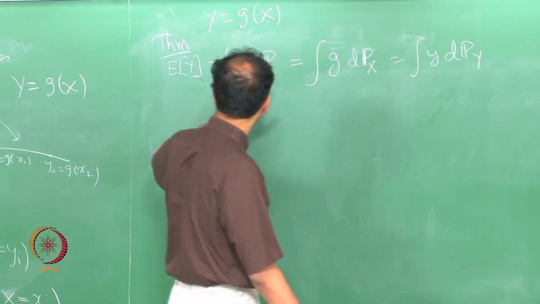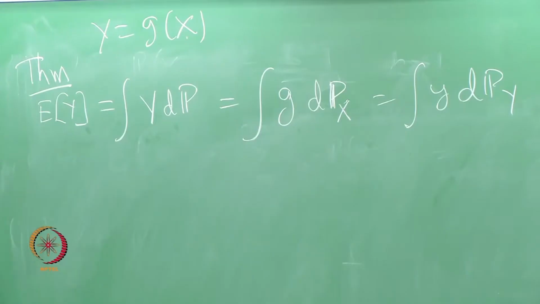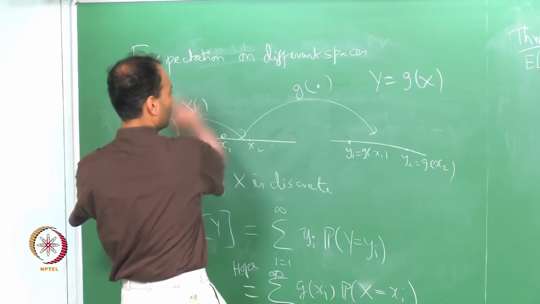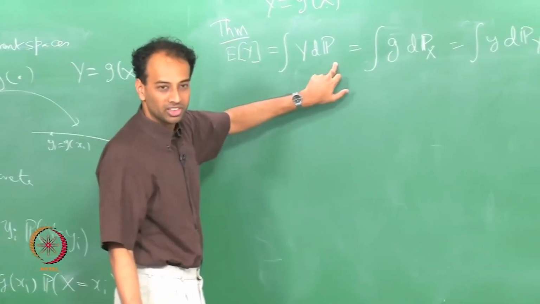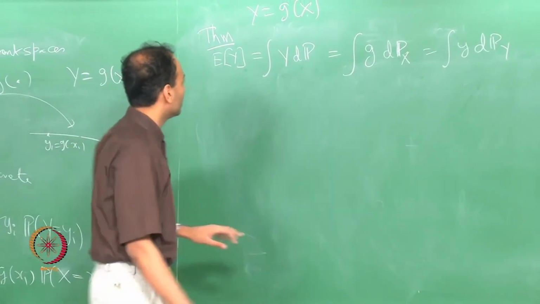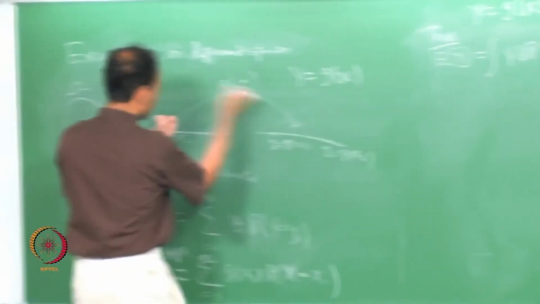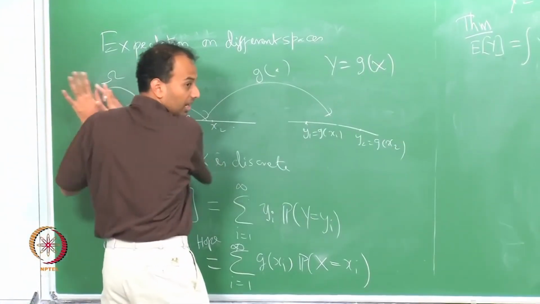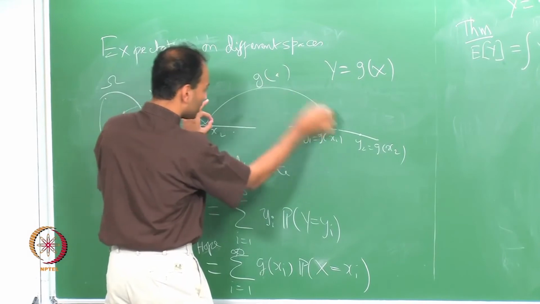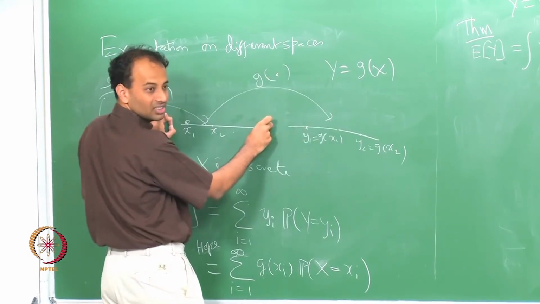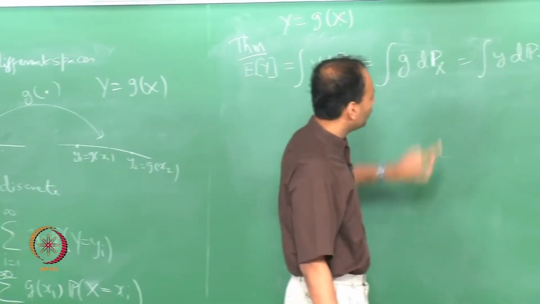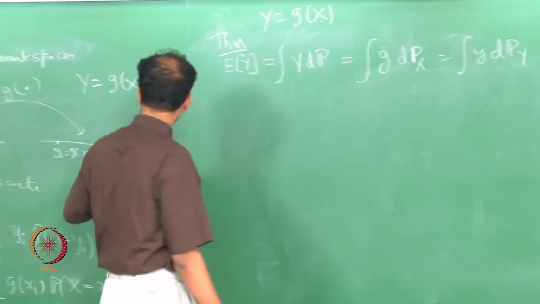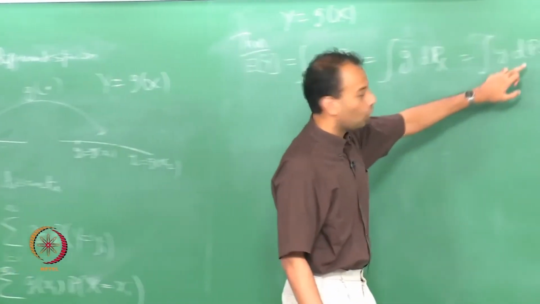So, you can either compute the expectation of y directly. y is the overall map, and obviously the expectation of y is the integral of y dP by definition. What this theorem is saying is that you can rather integrate this function g. If you forget this part and take the function g and the measure P_x, you can integrate g with respect to P_x, or you can integrate the function little y with respect to the law of y.